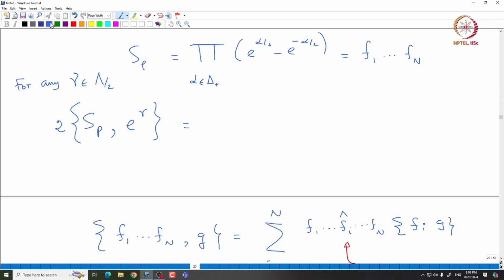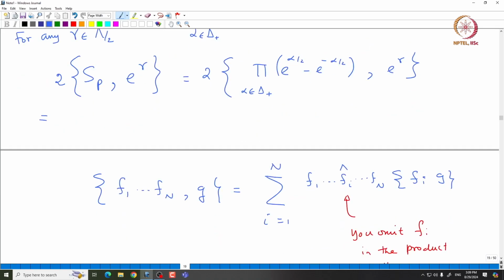comma e power gamma. So, this is going to be twice the product e power alpha by 2 minus e power minus alpha by 2, where alpha comes from delta plus, comma e power gamma. So, what is this? This is exactly equal to, so now you forget only the one thing, twice summation S rho divided by e power alpha by 2 minus e power minus alpha by 2, where alpha runs over delta plus.